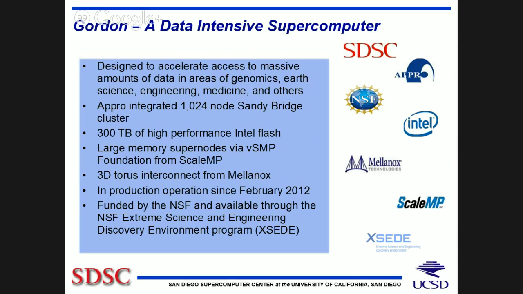We also had the ScaleMP software to enable vSMP, virtualized shared memory machines. It features a dual 3D torus interconnect from Mellanox. I think it was one of the first machines to do that also. It's been in production since February of 2012, funded by NSF, and it's available through the XSEDE program for users.